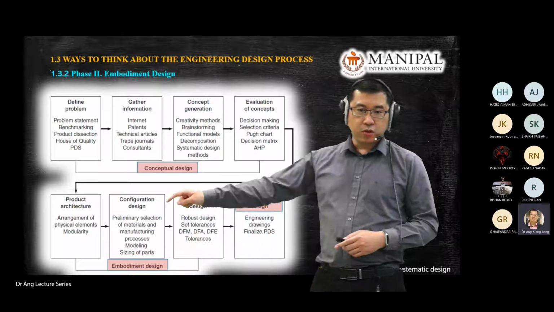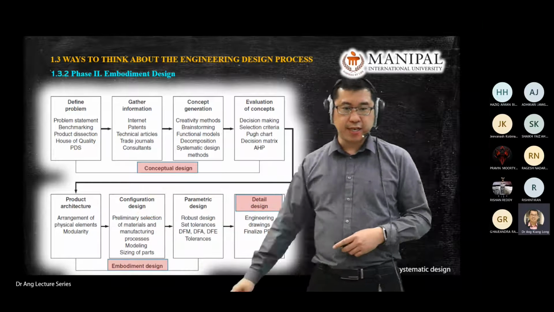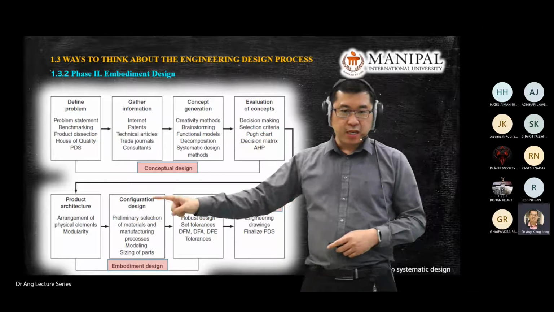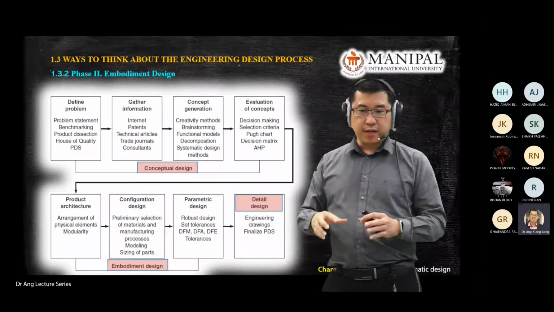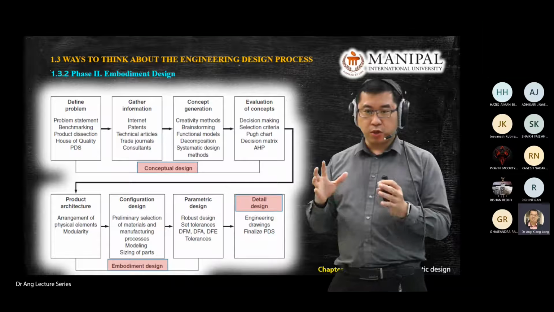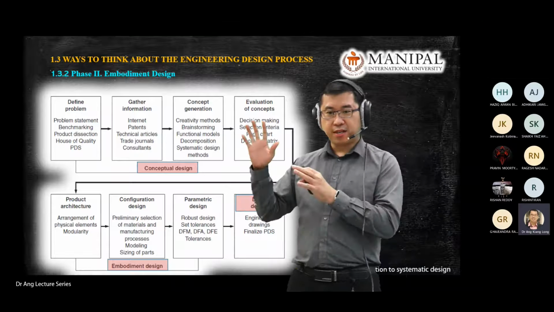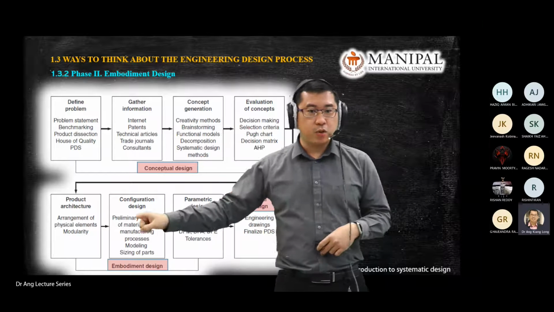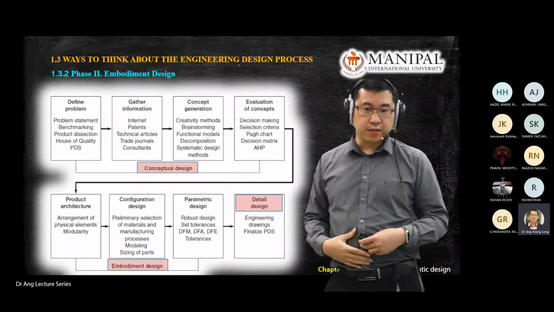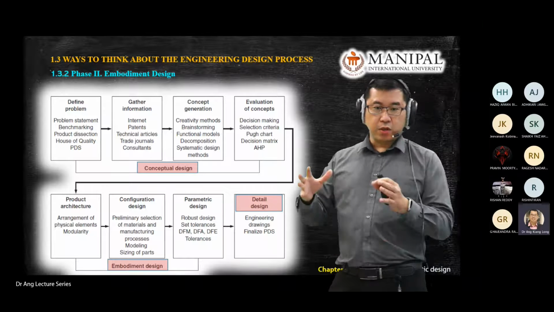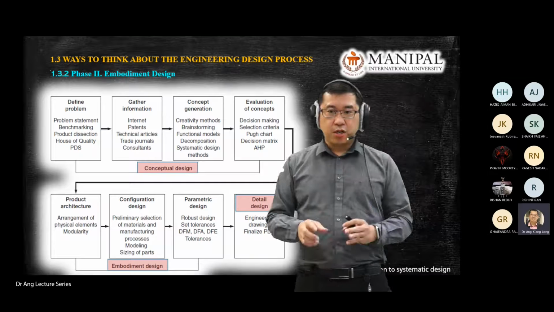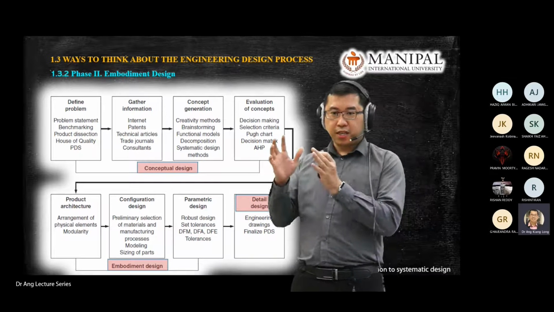So what do you have in embodiment design? After you evaluate, you will come into the final design that you want to do, which is in Capstone Design 2. You will look at product architecture. You will look at each component in your design.